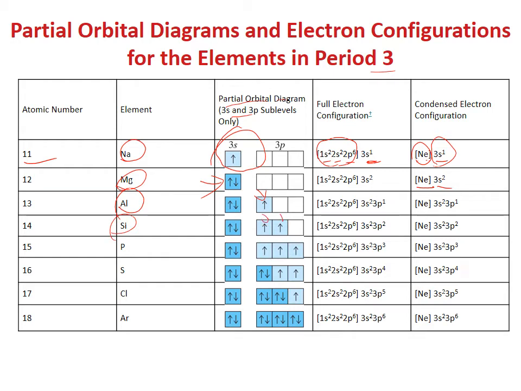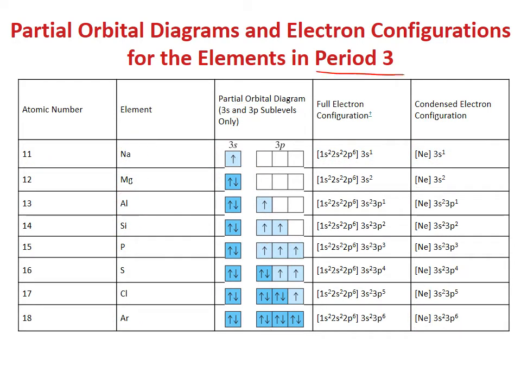According to Hund's rule, they should be in different orbitals with parallel spin. Okay, and then phosphorus, you have 3 electrons in 3 different 3p orbitals. Okay, until argon. So all the p orbitals are full. And so the condensed electron configuration is a bracket, neon bracket, to show the inner shell is full and the outer shell is 3s2 electrons, 3p6 electrons.